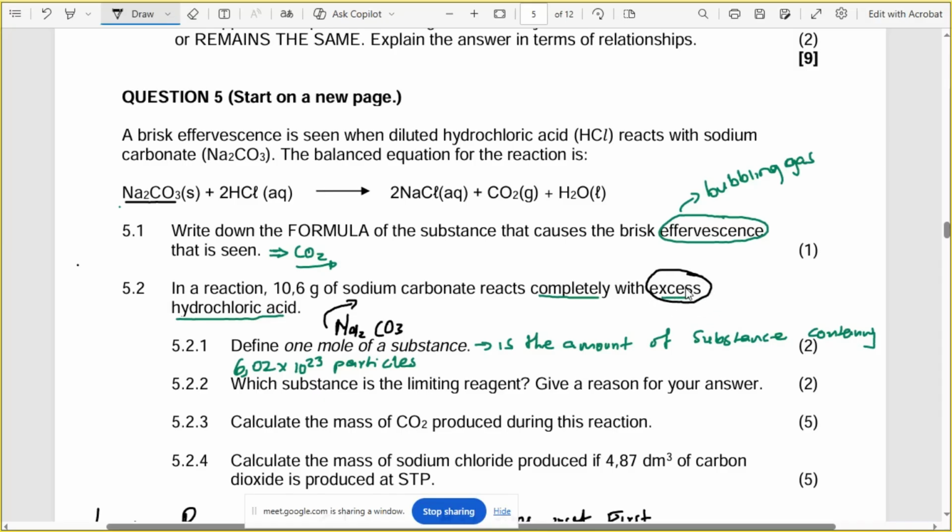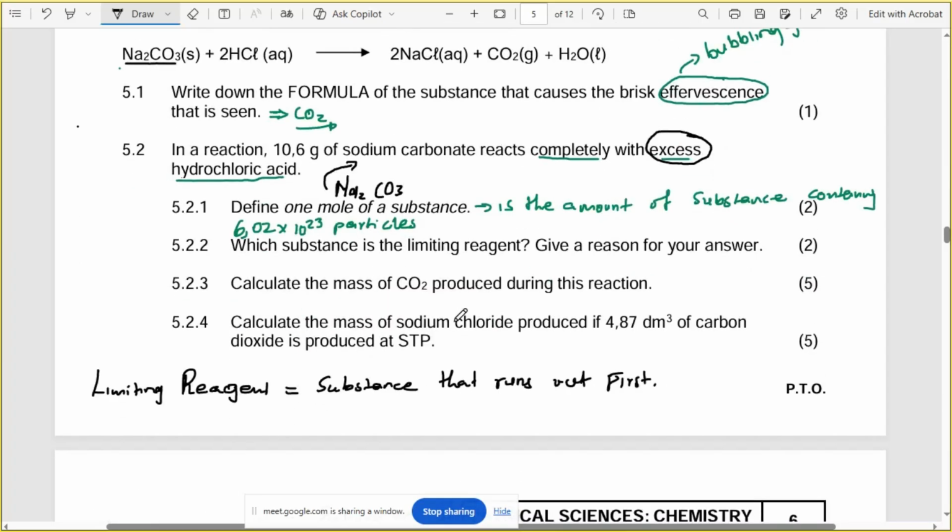The excess means the one that is more. So hydrochloric acid is more, and sodium carbonate is the one that will run out first. You understand? You still with me? So the correct answer will be sodium carbonate. It will be the limiting reagent.